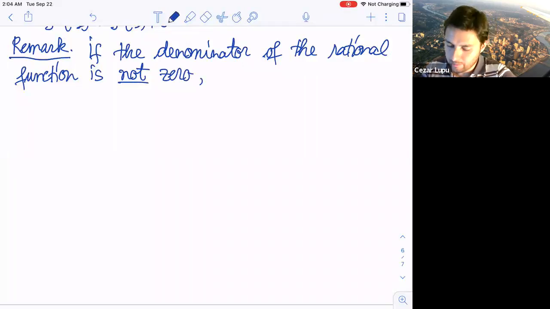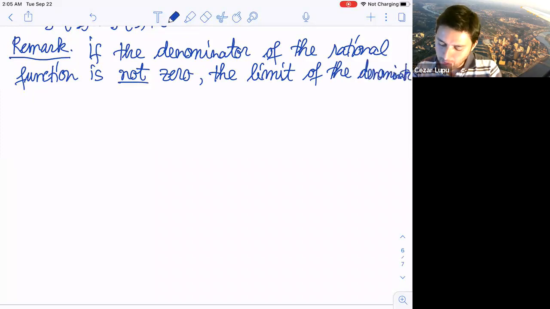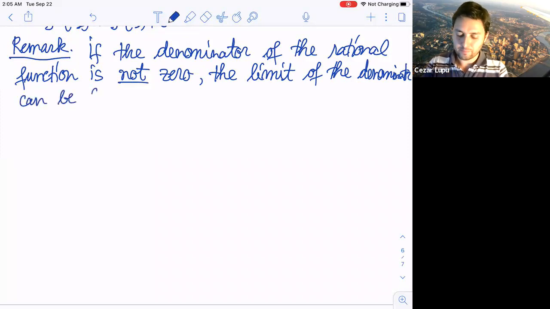If it's not 0, the limit of the denominator can be found by substitution.